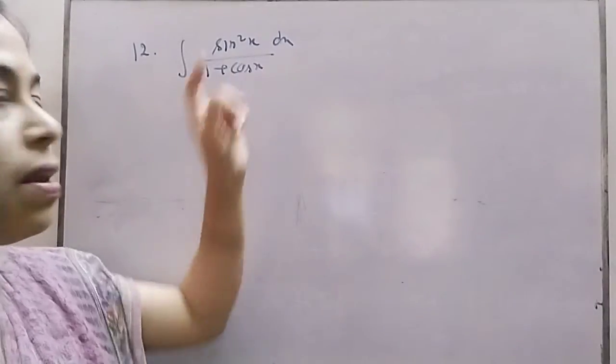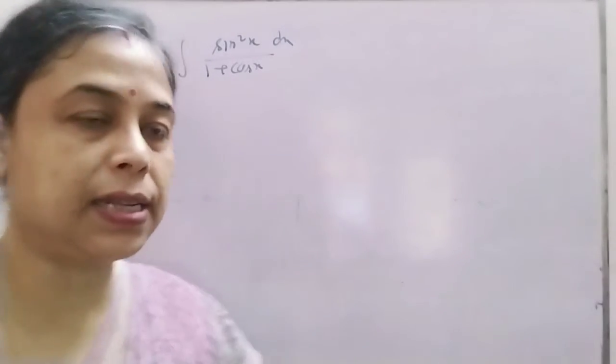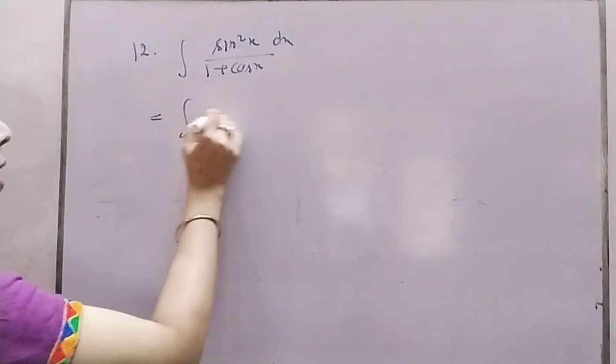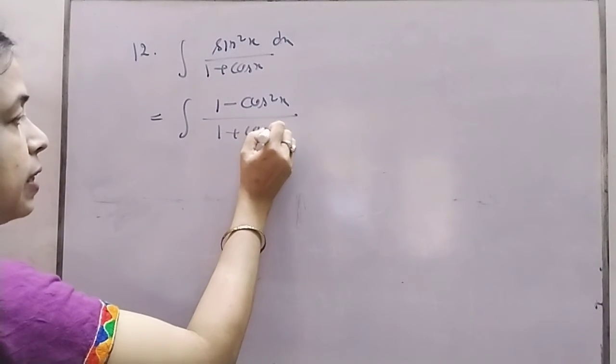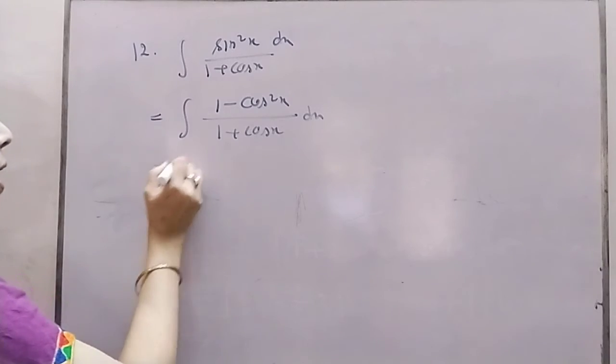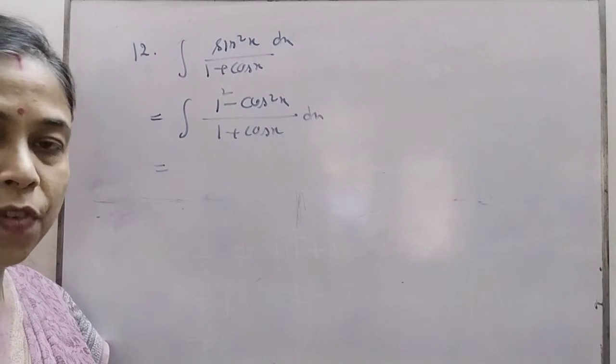You know, you can convert sine square in terms of cos. Sine square is 1 minus cos square x, and 1 plus cos x into dx. Here I can think it as 1 square minus cos square x. That means a plus b into a minus b formula can be used.